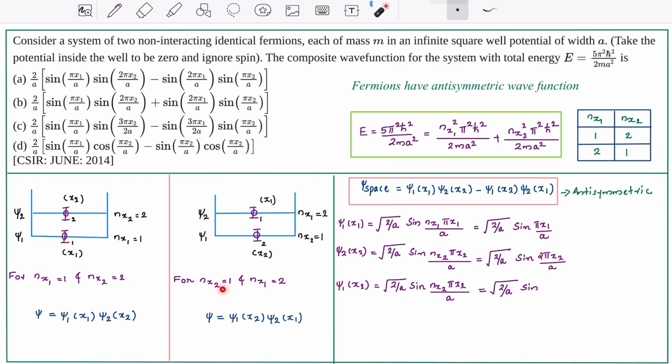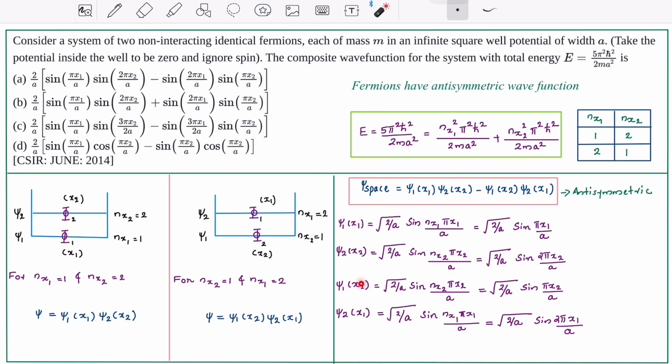Therefore the answer is root of 2/a sin(π x2/a). Similarly, we can find the wave function of particle 2 which is in the first excited state. This is also a possible combination. Therefore ψ2(x1) is root of 2/a sin(nx1 π x1/a). Here nx1 represents the first excited state, so nx1 is equal to 2. Therefore ψ2(x1) is root of 2/a sin(2π x1/a).